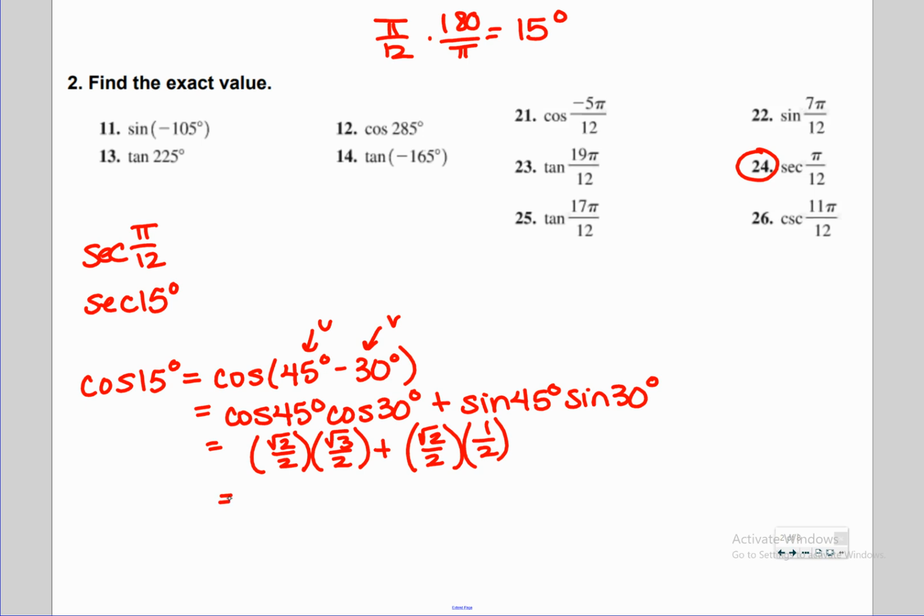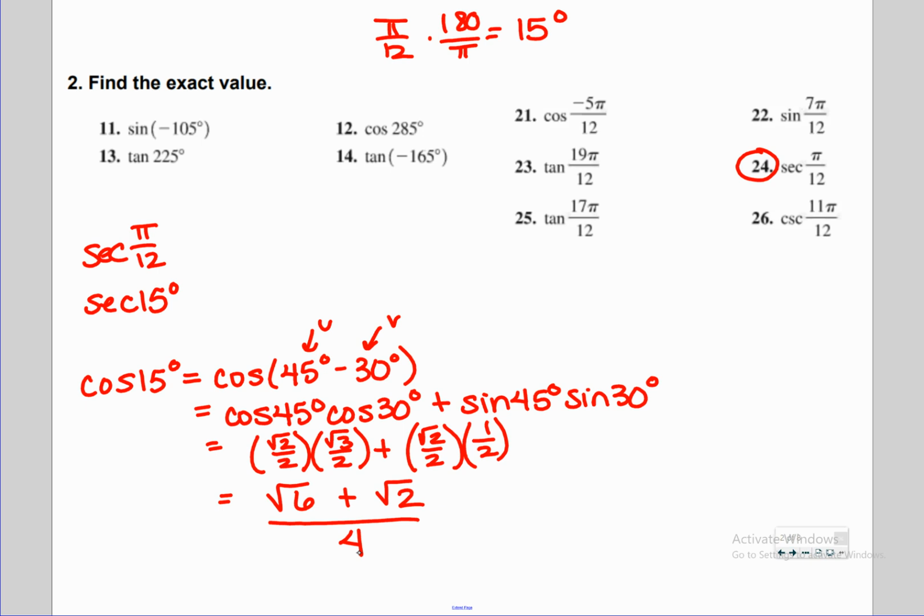Just going to multiply numerators and denominators. My numerators, I'm going to have a rad 6, a rad 2. They're both going to be over 4, so you can just say all over 4, get that common denominator all at once if you want to. And then that's the answer for cosine 15. So at this point, you could check. You could type cosine 15 in your calculator in degree mode, type your answer in your calculator, and make sure the decimals match.